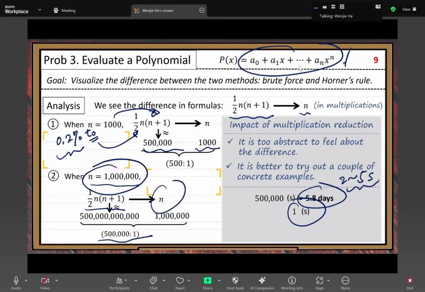When you hit enter, you need to wait quite some time. But if we use Horner's rule, the same polynomial, you calculate in milliseconds. Then you feel the difference. That's our first project. Okay, all right.